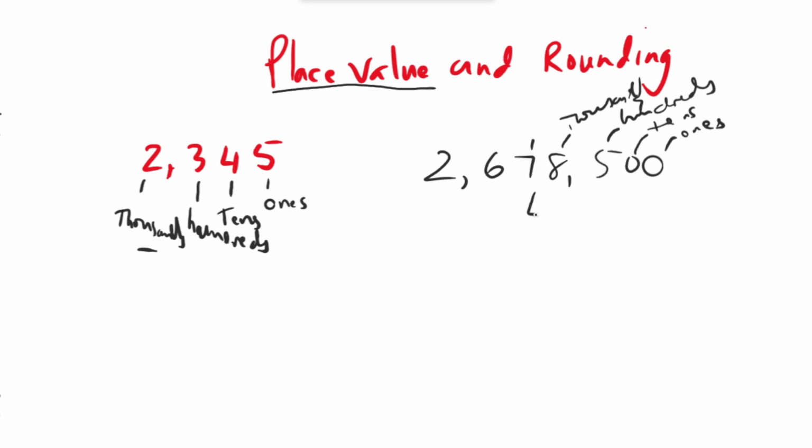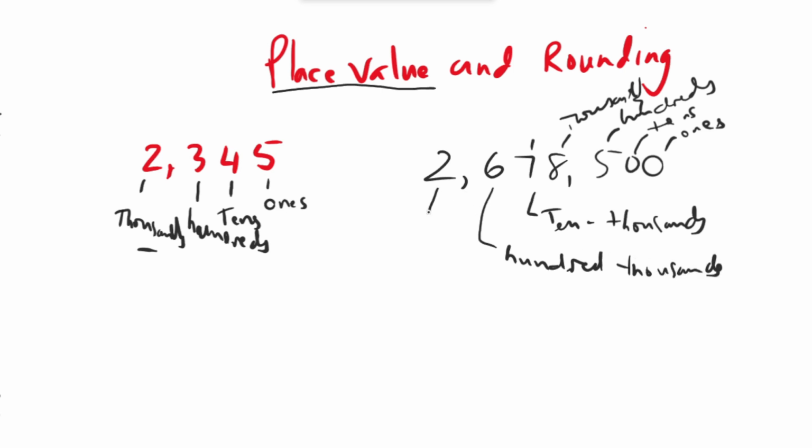So you see that one here? We call that 10,000. And we get this 6 over here. After you said 10,000, you say 100,000. And over here, after you say 100,000, you say millions, right?